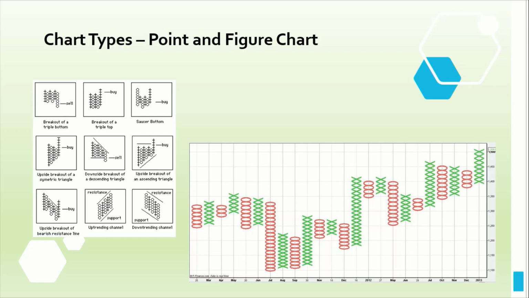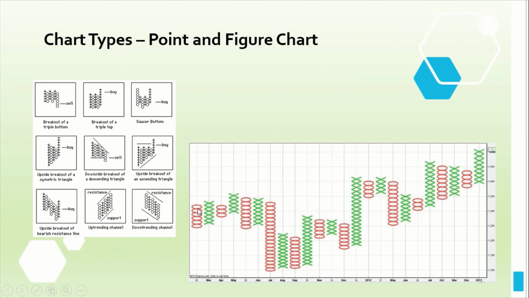Our next chart type is what we call the point and figure chart. But kung ako ang tatanungin, I would want to call this chart as the XOXO chart. Why? Because simply it's O's and X's, right? Unlike the bar chart, ang point and figure chart doesn't show the closing price of the day. It only shows the trading range of the day.